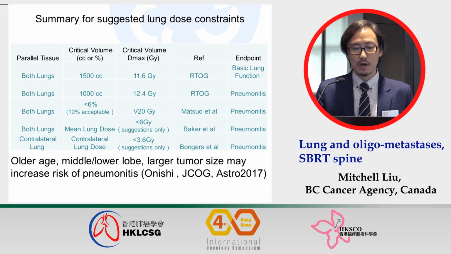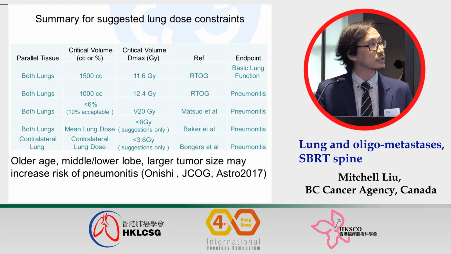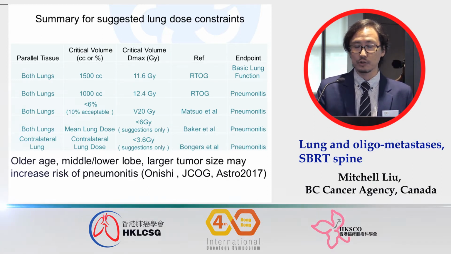I found the most commonly used dose constraints would be to keep the V20 to less than 6% and mean lung dose of less than 6 grays, and these are quite easily usable. And Onishi also published recently from ASTRO indicating that perhaps older age or lesions in the middle or lower lobe can increase the risk of toxicity, as well as larger tumor size.